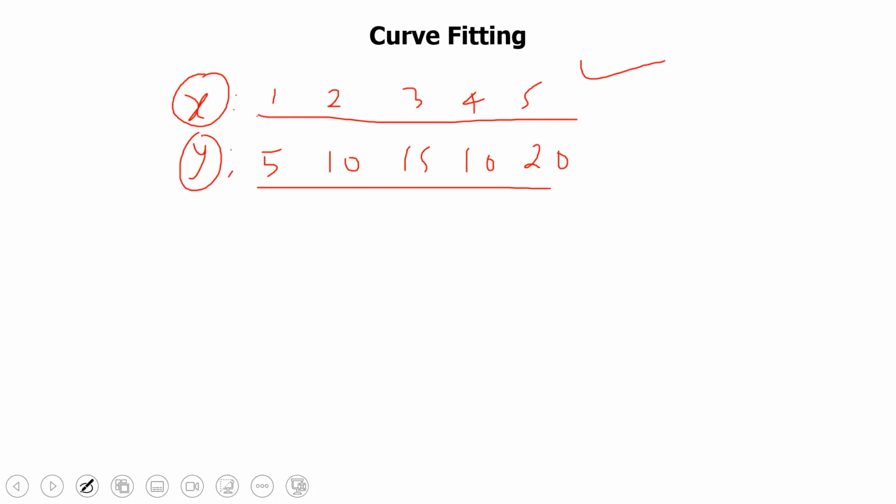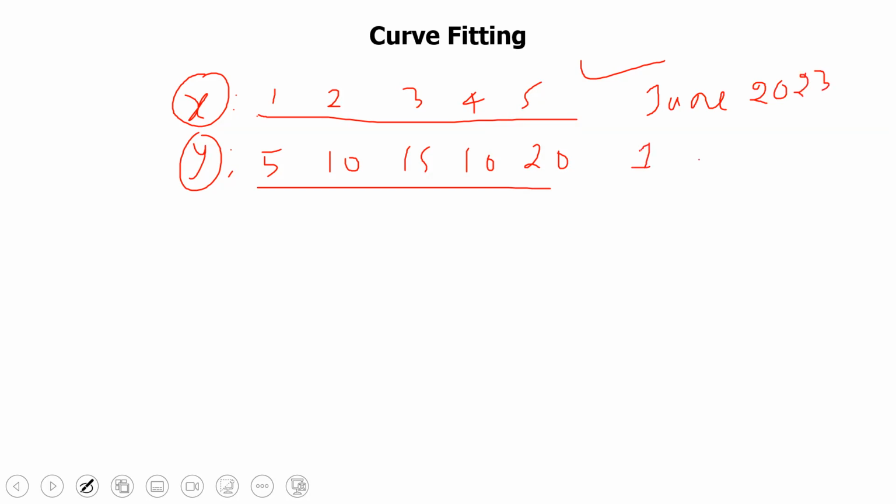Let me take one example. Suppose we want to take the rainfall in the month of June 2023. What was the rainfall on each and every day?